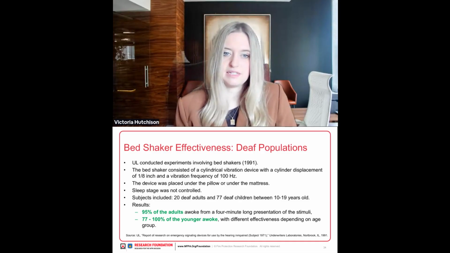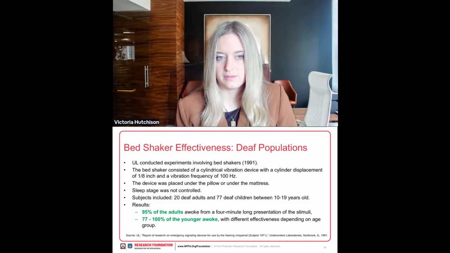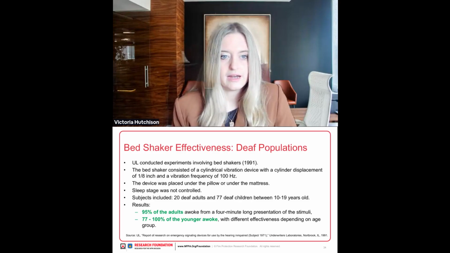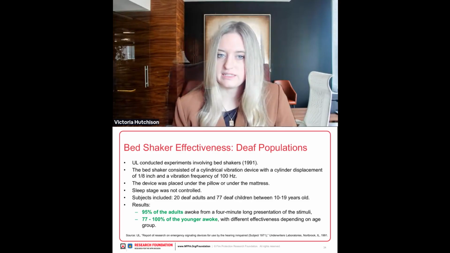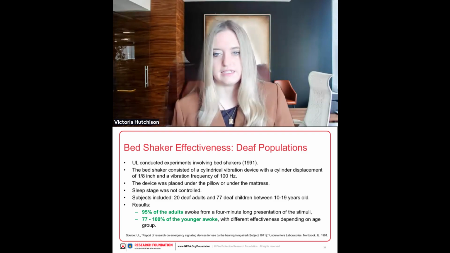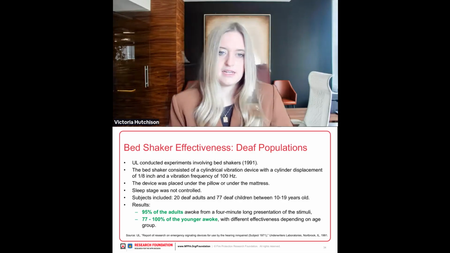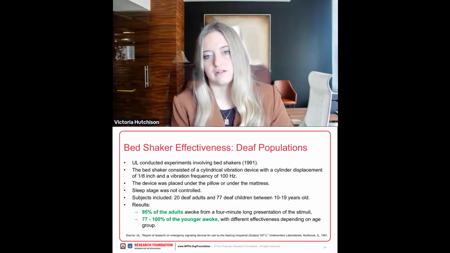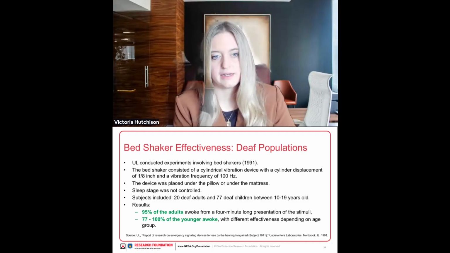The device is placed under the pillow or under the mattress. The sleep stage was not controlled, but the subjects included about 20 deaf adults and 77 deaf children between the ages of 10 and 19. Of the adults, around 95% awoke from a 4-minute long presentation of the stimuli.